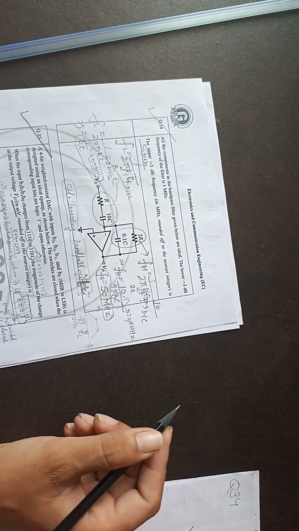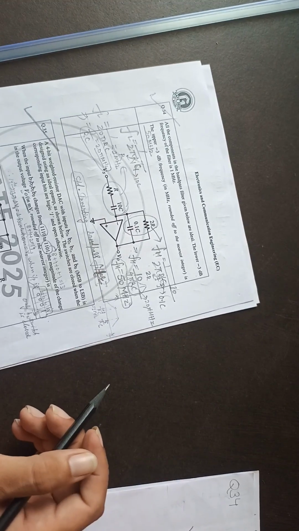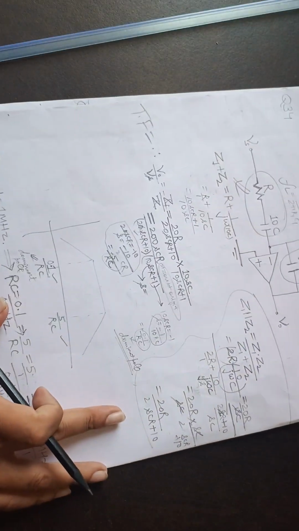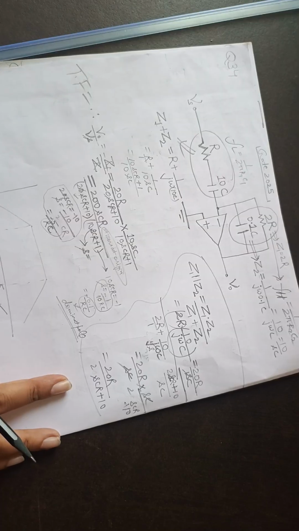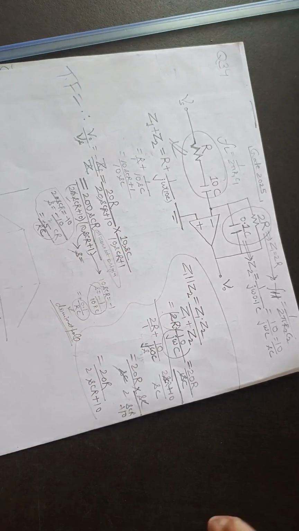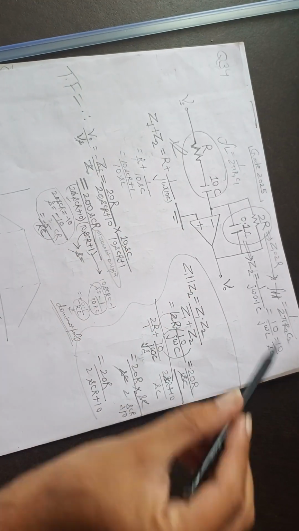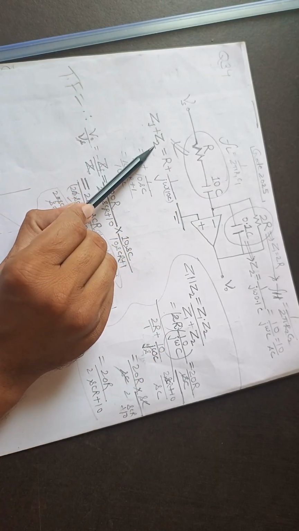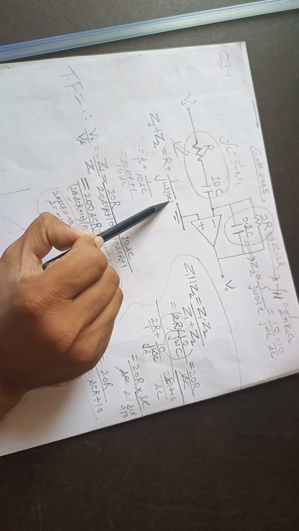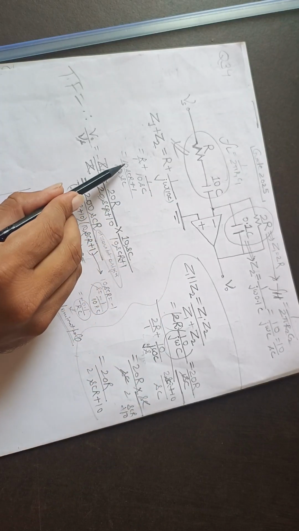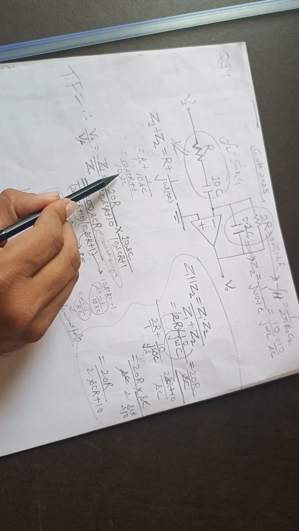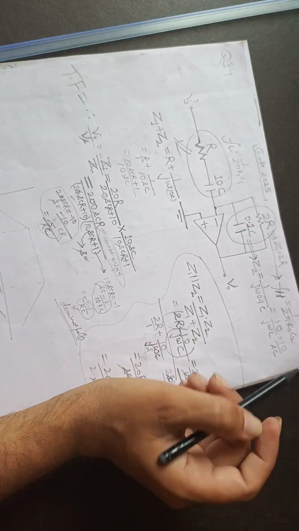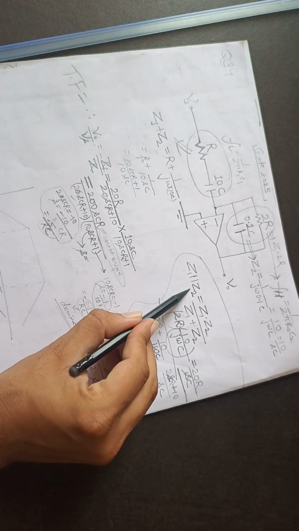Okay, you can do it through this part also, or if you want a detailed analysis, you can find the transfer function. This is an inverting amplifier, so Z1 will be R plus 1 upon j omega 10C. If you solve it, you get (10 SCR plus 1) upon 10 SC, and similarly the feedback impedance will be Z1 parallel to Z2.